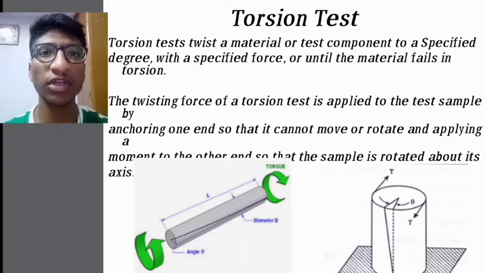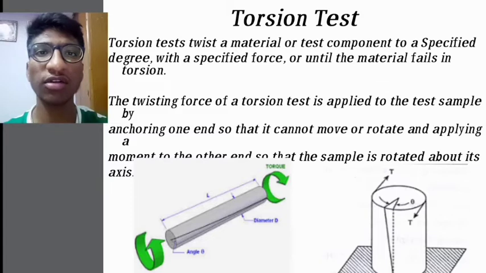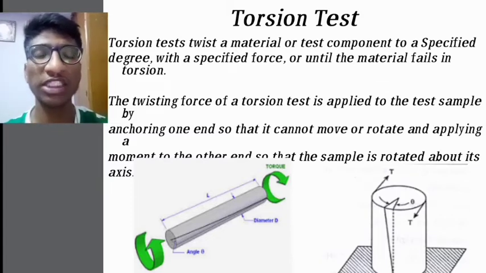Our aim is to find the rigidity modulus by using the torsion test machine. Rigidity modulus is a mechanical property. It is the ratio of shear stress and shear strain.